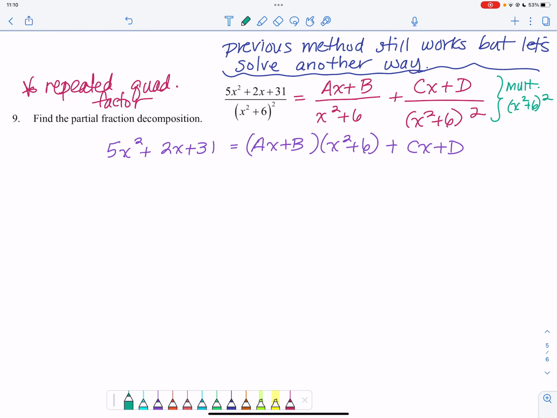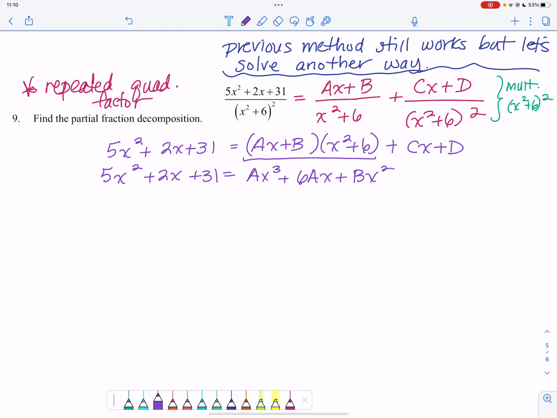Okay, so what we want to do here, this is another method, is we're going to multiply those factors together. So we have ax cubed, that's the first, plus 6ax, that's outer, bx squared, that's inner, plus 6b, that's the last of FOIL.